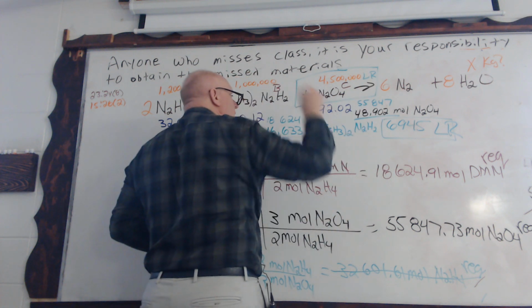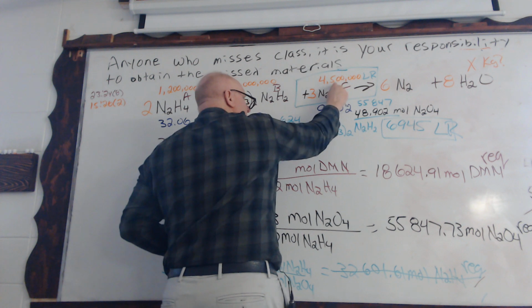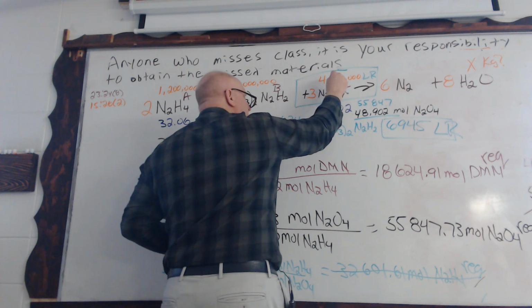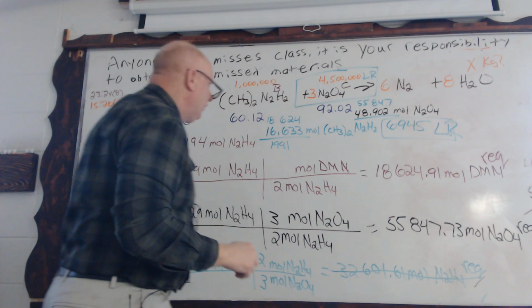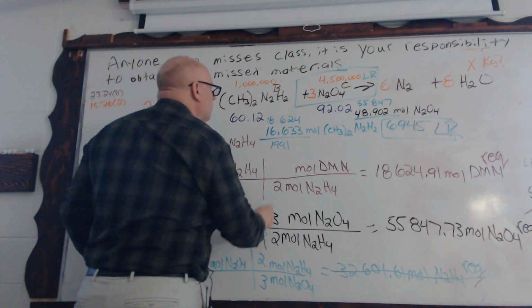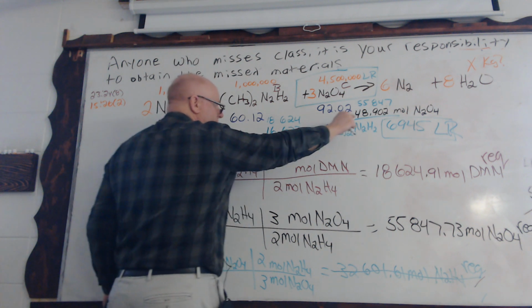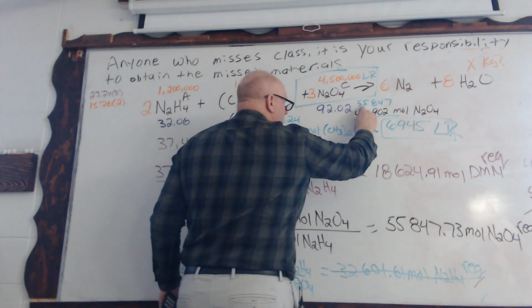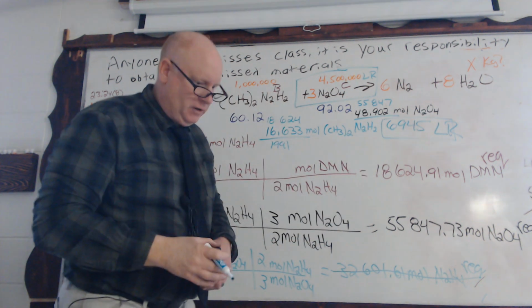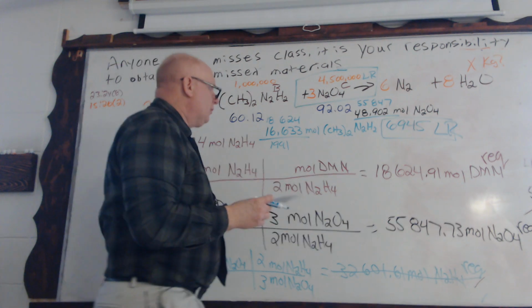So then you don't have to reinvent the wheel. We don't have to start with this number, since we've already converted that to moles, which we did right here, 55,847, which was how much was required.